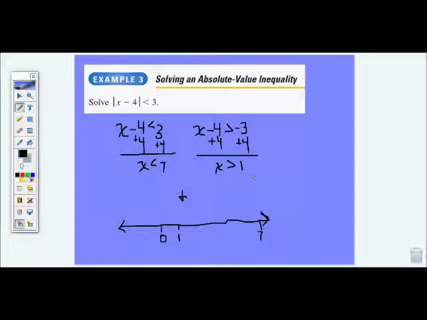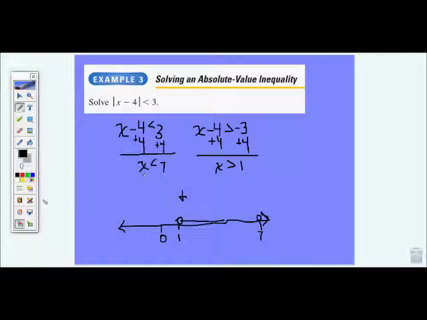1 is to the left of 7. So you can see I'd have an open circle at those two solutions. And if you go back up here, it says x is greater than 1, so I'd start shading to the right.